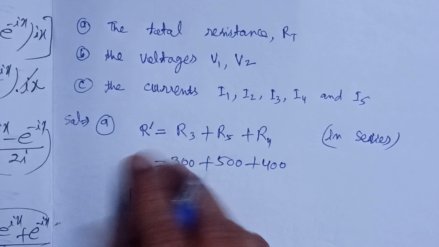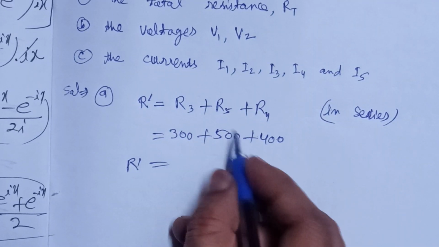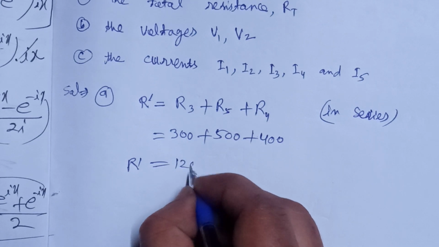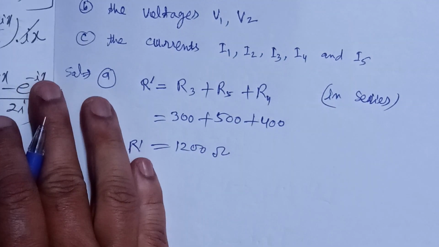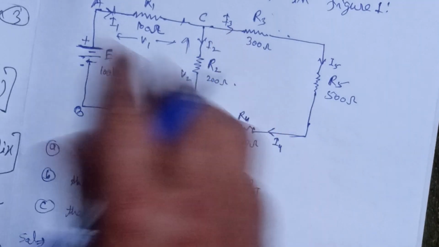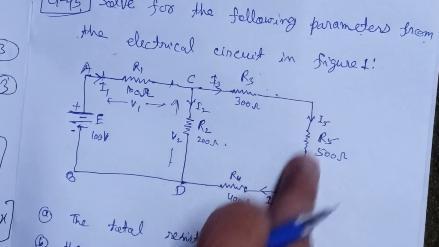So our value of R dash is equal to 1200 ohm.